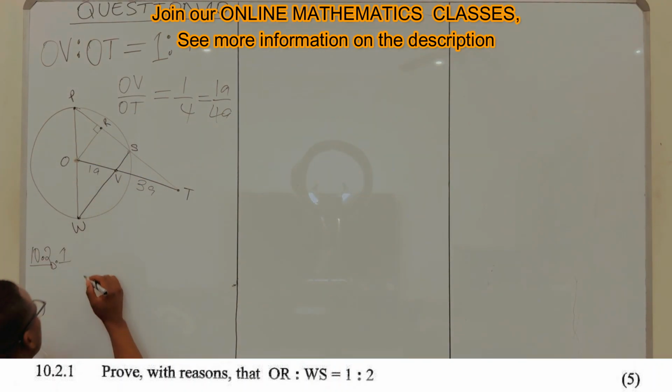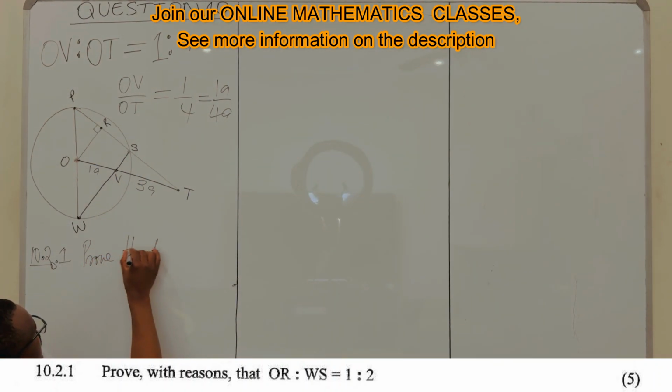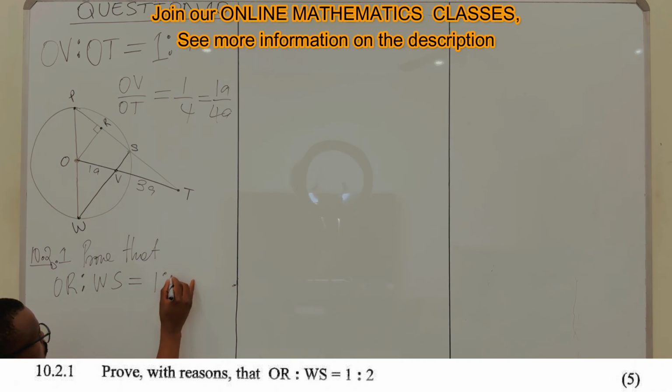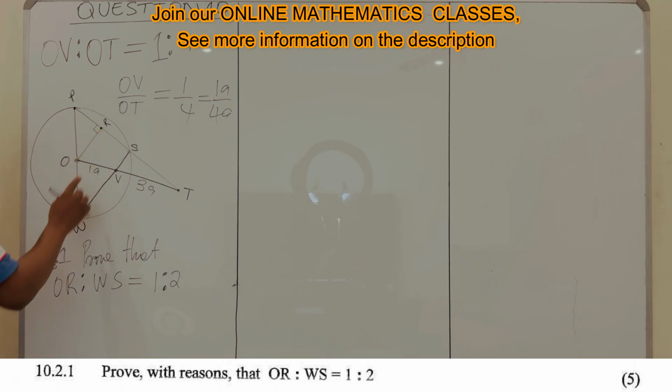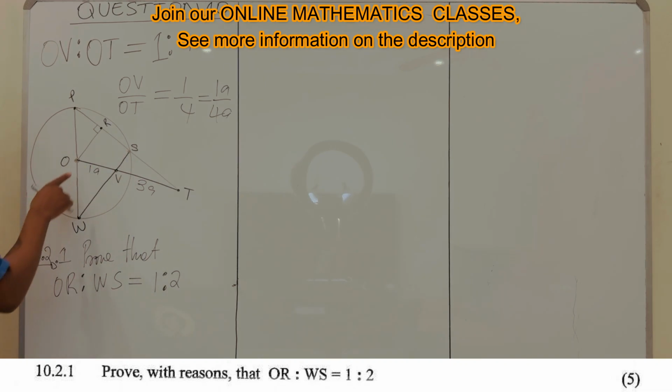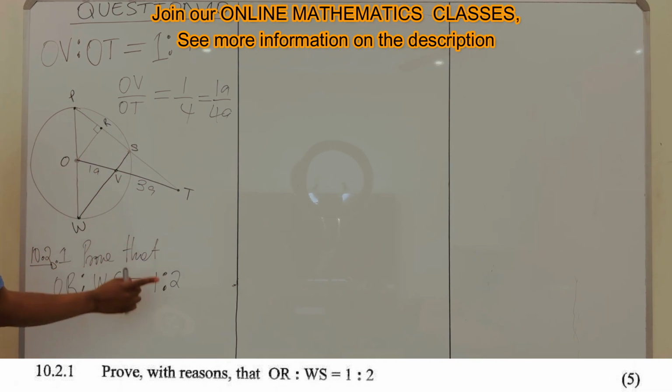So they want us to prove that the ratio of OR to WS is equal to 1:2. WS is this one over here. They want us to prove that this side over this side is equal to half.